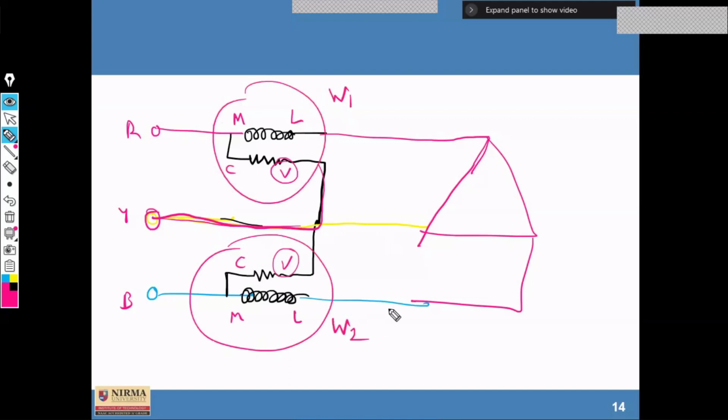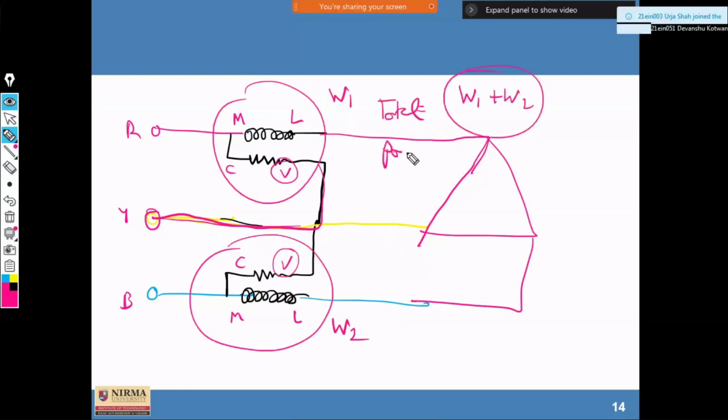Now the theory proves that if we add W1 and W2, we can measure the total power of this circuit in a three-phase system. So by adding these two, we get the measurement of power by two wattmeters. Let us prove why W1 plus W2 gives you the total power. Clear?